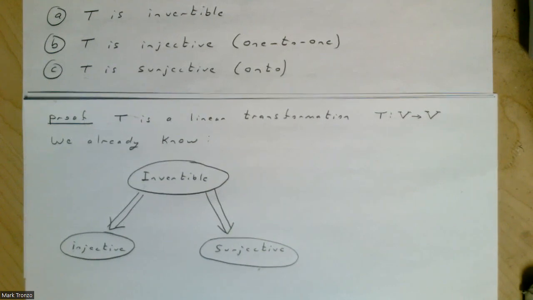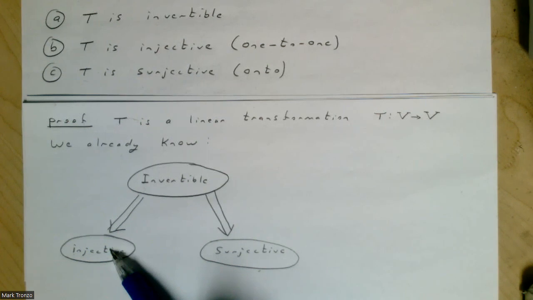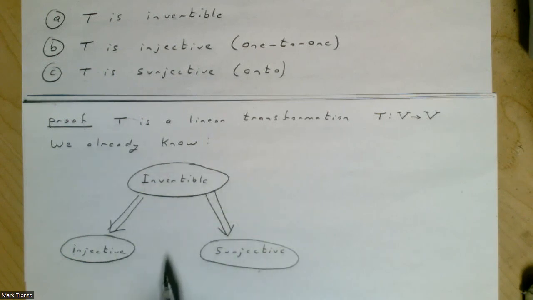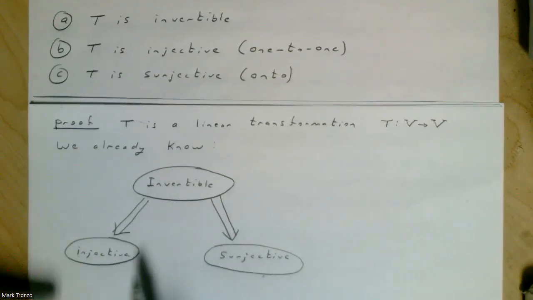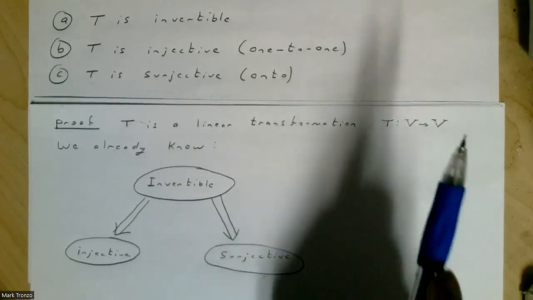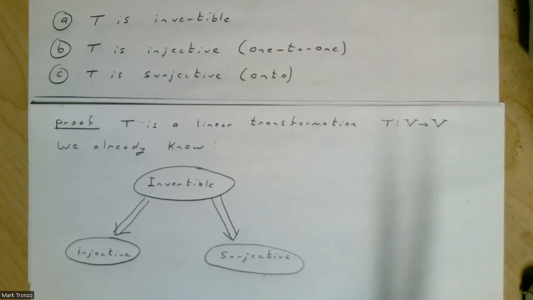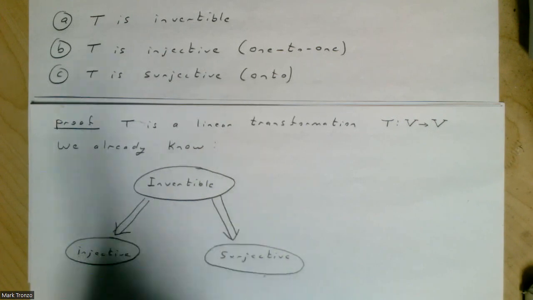So we know those so far. Now we don't know that this implies this, or that this implies this. And we also can't say that injective implies invertible, or that surjective implies invertible. Now we do know from our previous theorem that if we have both injective and surjective, then it's invertible. But we can't say it for just one of these. Again, we're dealing with a linear transformation from the vector space to itself. So we are going to try to prove these other missing arrows here.